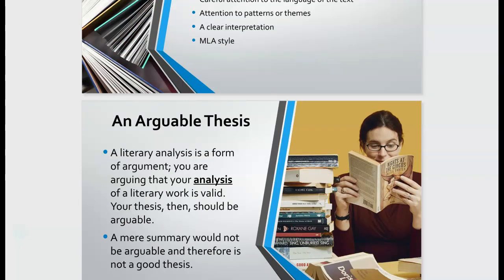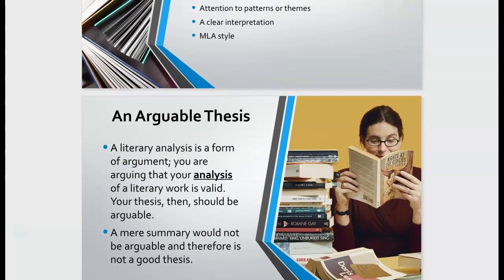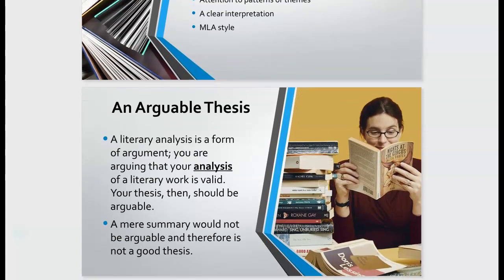So you need an arguable thesis, okay? You need an arguable thesis for your essay. Whenever you're analyzing literature, your thesis has to be arguable. It can't be anything obvious, okay? And this is basically what this states, that you should know the difference between summarizing and arguing something.